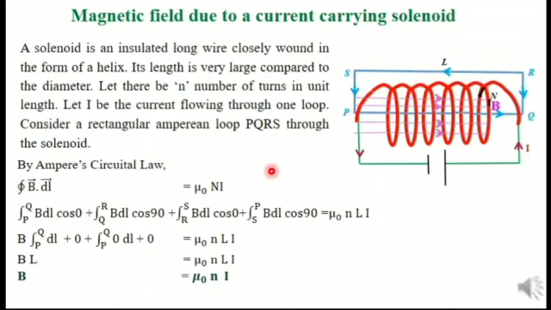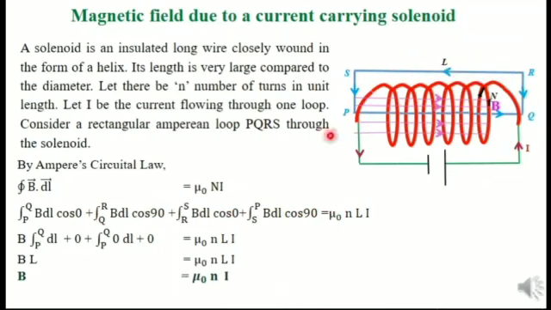Then Ampere circuital law is closed integral B dot dl equals mu 0 N I. Since Amperian loop has four parts, we are splitting closed integral into the sum of four ordinary integrals.